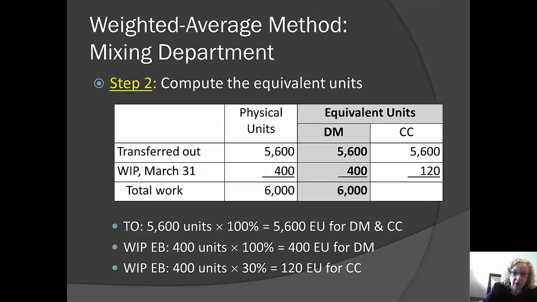Now all we have to do is add up the total equivalent units for materials and the total equivalent units for conversion, and we notice they are not the same because some units didn't get all of the conversion that they need. Now we're ready to go on to step 3.